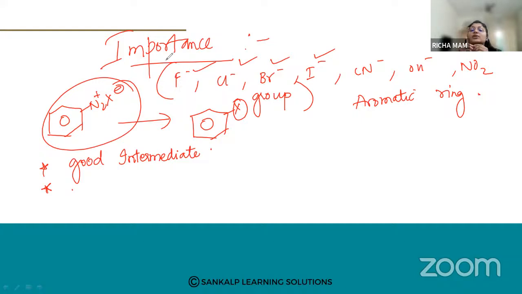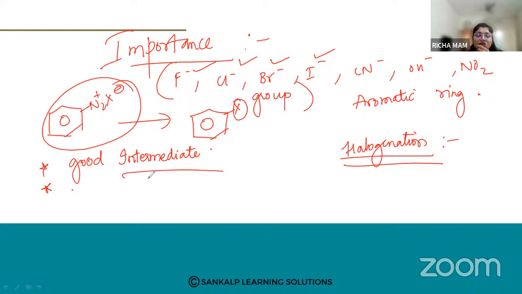If I want to get iodobenzene or fluorobenzene, by directly doing the corresponding halogenation we do not get the compound. But by using the intermediate, that is your diazonium salt, we can obtain these particular aryl compounds. So these are the importance of diazonium salts.